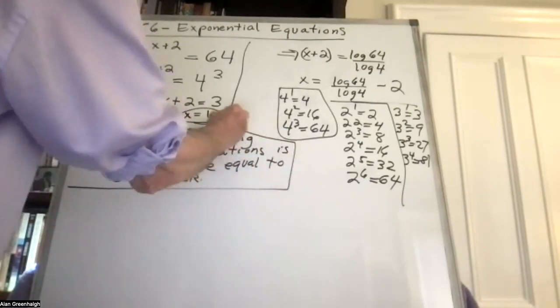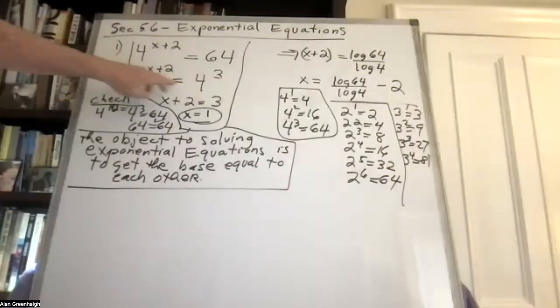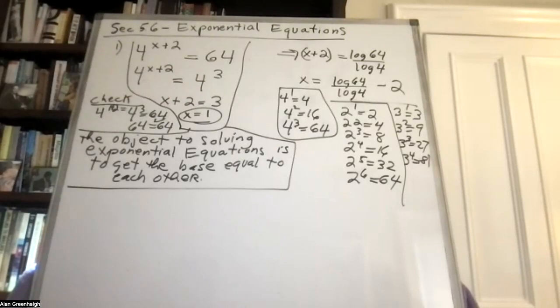Okay, this is the key to what we're about to be doing over the next 20 minutes or so. The object to solving an exponential equation is to get the bases to be the same. Okay?